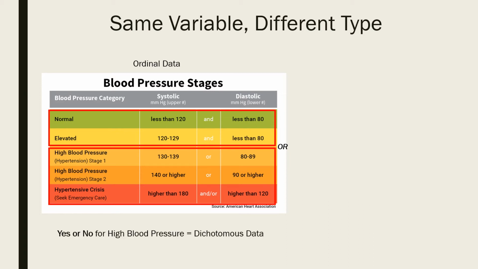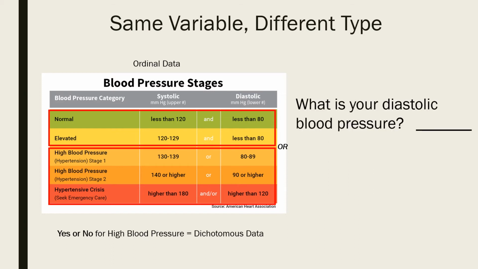So in that sense, that would be dichotomous data. So now you've taken ordinal data and you've said, you know what, I'm more interested in yes or no for high blood pressure. And again, that's dichotomous data. But let's say you collected information, hopefully in a way that you could get ratio data, and you had a question that just basically said, what is your diastolic blood pressure?